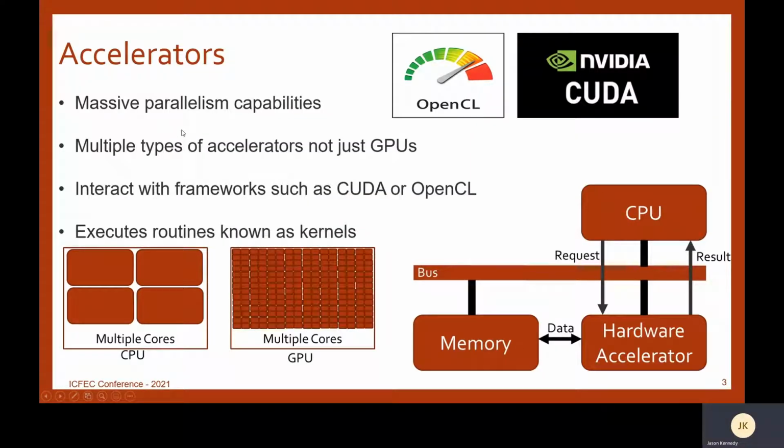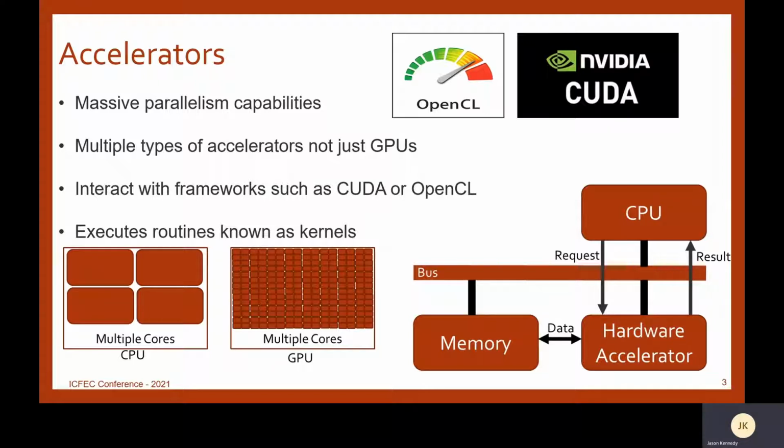So some background on accelerators themselves. Workloads that we would execute using AVEC in this type of environment can benefit from accelerators due to the massive parallelism capabilities of accelerators. A common example of an accelerator would be a graphics processing unit or a GPU. And these are what we focus on using within AVEC.